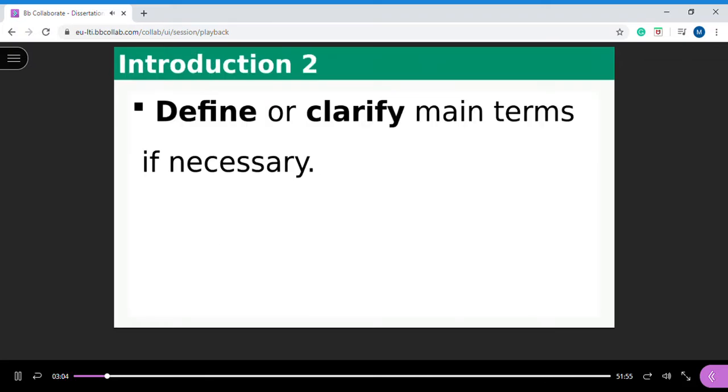It can be useful then to define or clarify your use of central terms from your dissertation title from the outset, so that the reader is clear on your use and understanding of core terms. So if there are some words, terms, ideas or concepts which are at the center of your dissertation, and that's the foundation of it, it can be a really good idea to define or clarify how you'll be using those terms from your introduction.